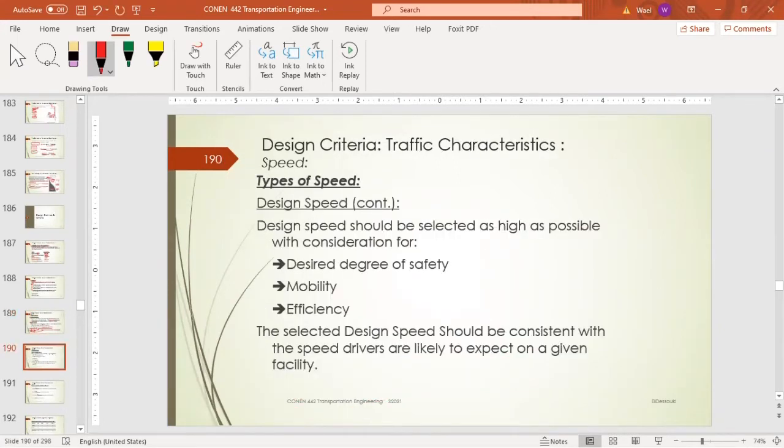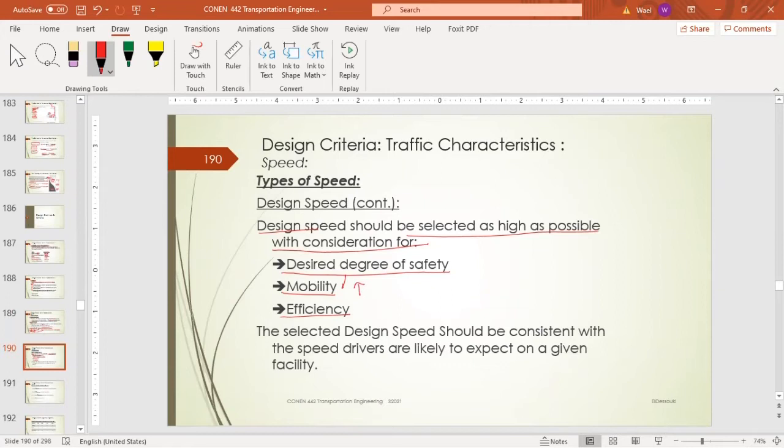Again, how do we select the design speed? It says that design speed should be selected as high as possible, but we need to give special consideration to the following: the desired degree of safety, mobility, and efficiency. Actually, the desired degree of safety usually contradicts with mobility. Mobility requires high speed.